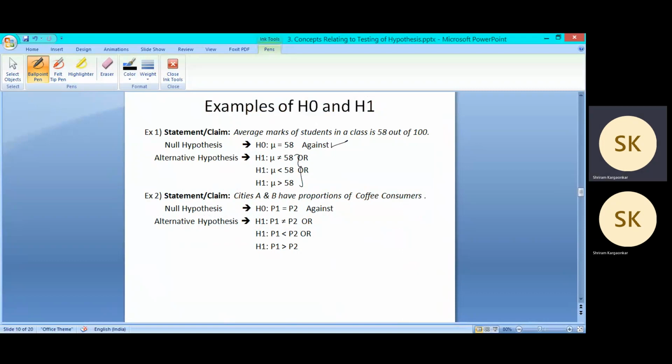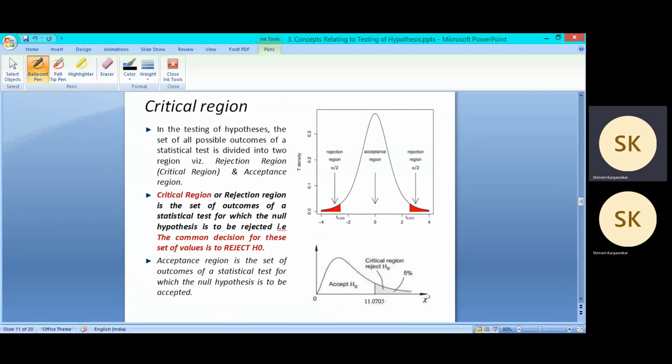Now let's come to another very important definition: critical region. What do we mean by critical region? In testing of hypothesis, this is the number line on which the normal curve is placed.